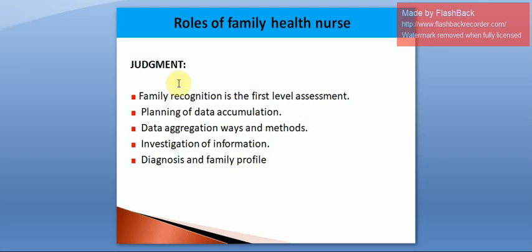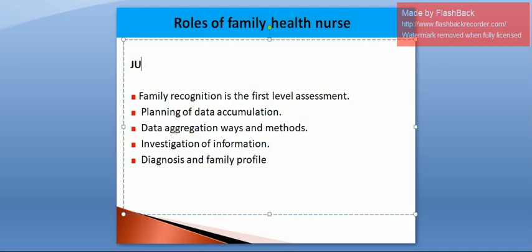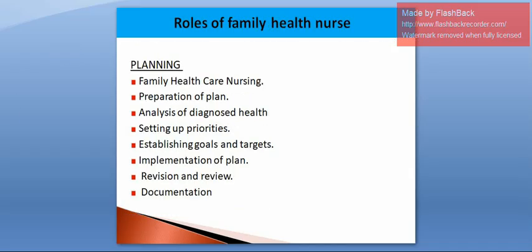Now roles of family health nurse. Most of the time what happens is a family health nurse will have to assess each individual. After that they will have to plan. Once they have planned they may have to aggregate the data or investigate on it, and they may have to perform diagnosis based on each person's family profile.